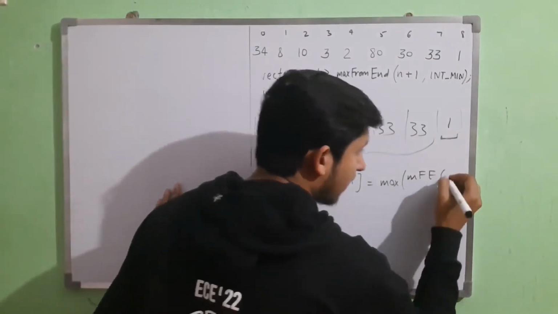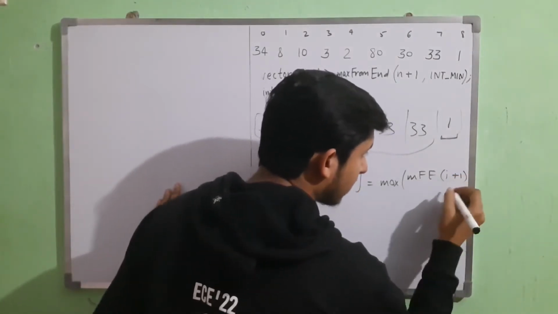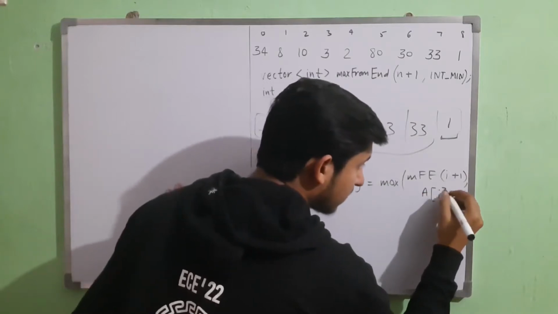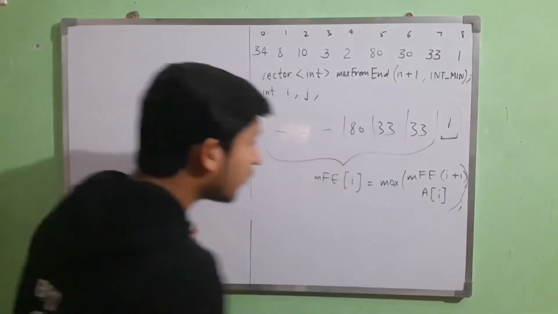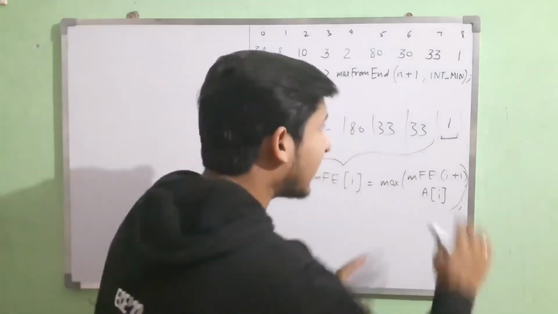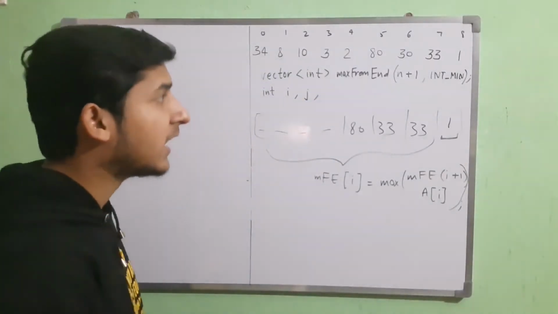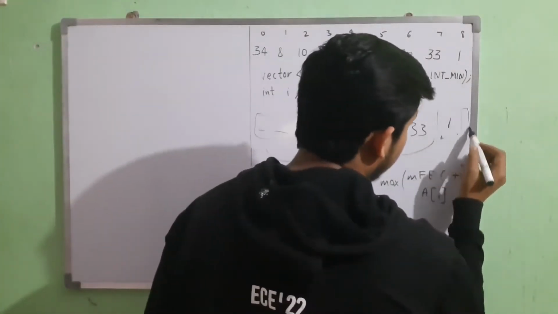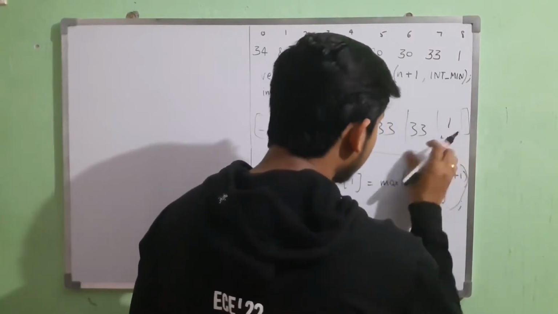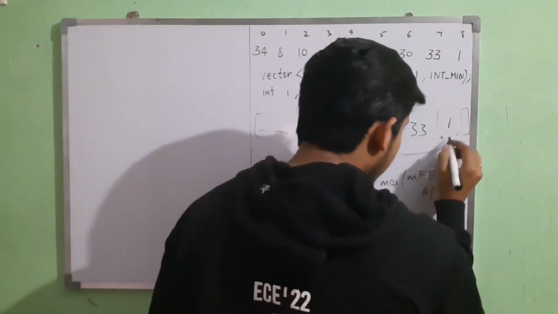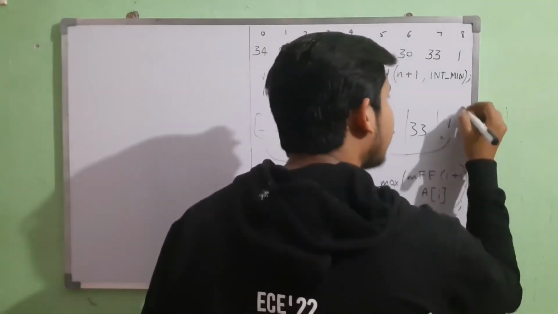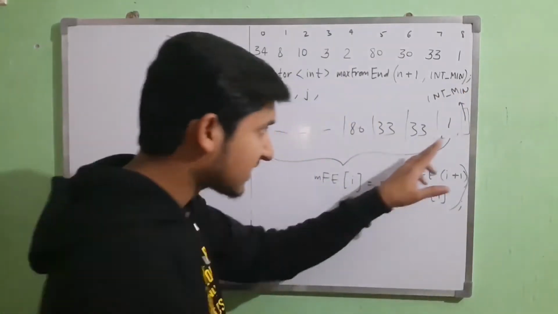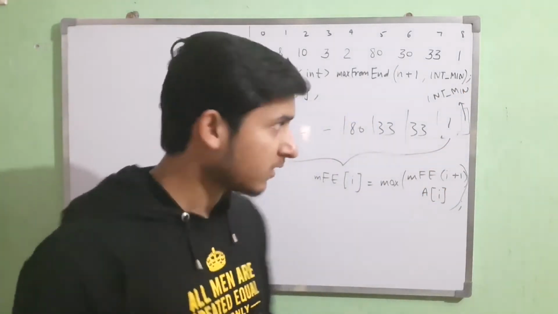Now, because I don't want to do this and this separately, I created the auxiliary array with extra size, and now this condition will apply up to here, and this can stay INT_MIN. So this extra initialization will be avoided by this.